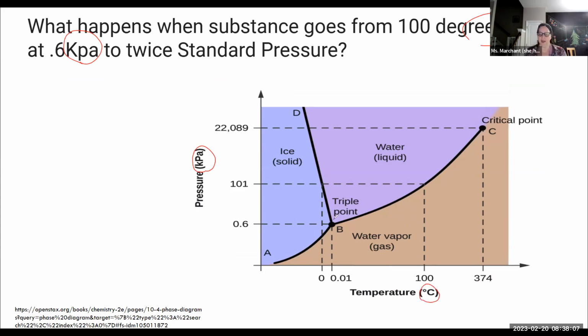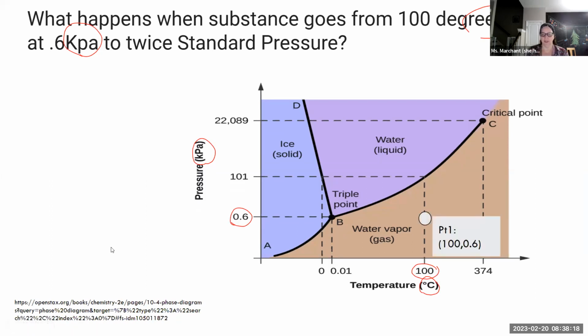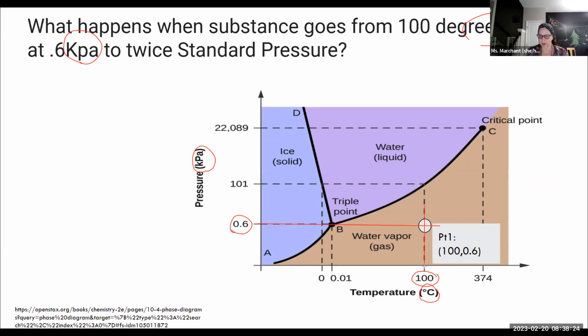I can just plot that point, 100 degrees C and 0.6 kilopascals, and find that intersection point on the graph. It's the same as if I just drew a line over and drew a line up. What is it right now? Right now, it is a gas.